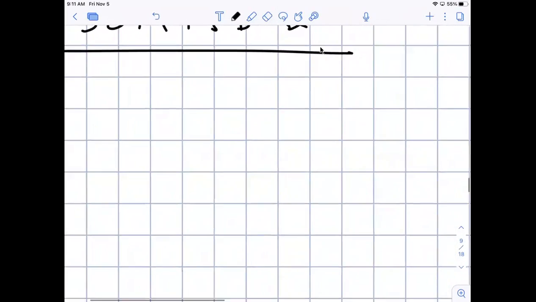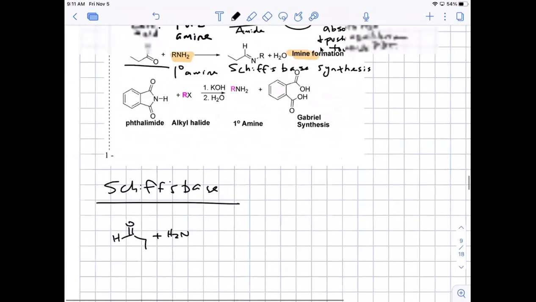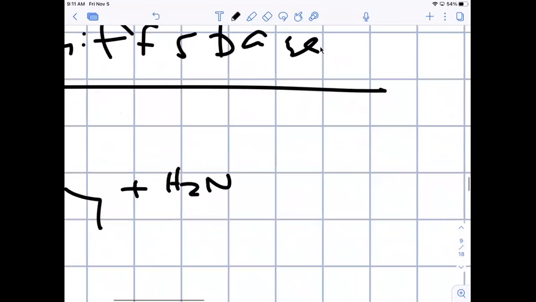Let's take that aldehyde that we had, and we're going to react that with an amine. It has an R group; I just put a methyl group on here.